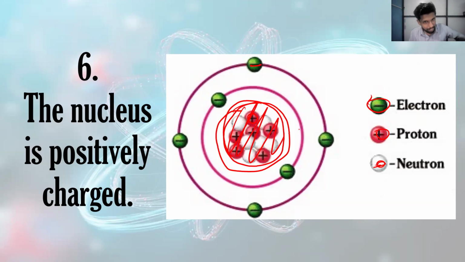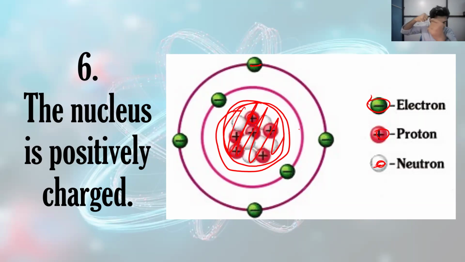At the center, at the nucleus, we have the protons and the neutrons. Am I right or wrong? What is the charge of the proton? The charge of the proton is positive, plus charge, right? And there is no charge in the neutron. So if I remove only the nucleus from the screen and imagine I have the nucleus in my hand, what will be the charge of my hand?